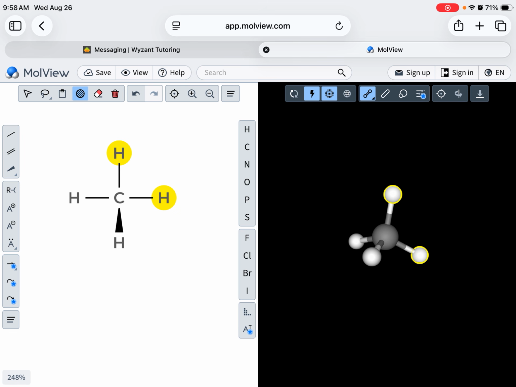And that wedge means that that hydrogen atom is sticking out of the plane towards you. Whereas this hydrogen right here, we would give it a dashed bond. And there you can see that it is sticking away from you, out of the plane.